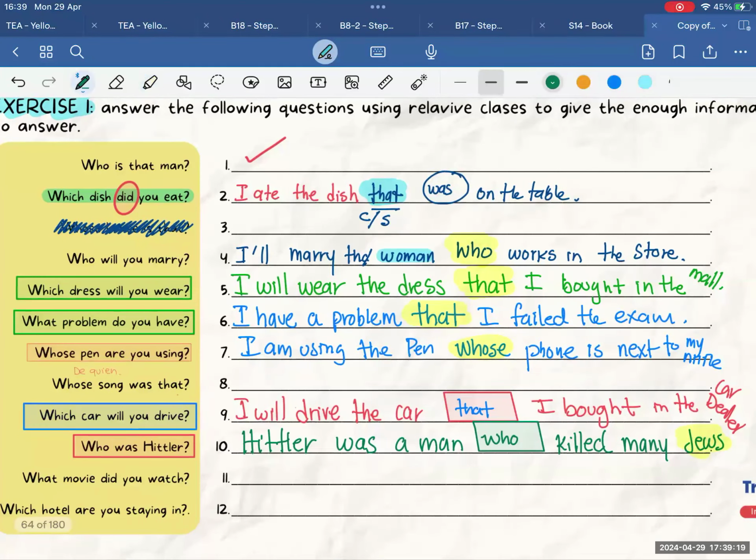Let's go with number 11. What movie did you watch? It's in past. What movie did you watch? Come on, come on.